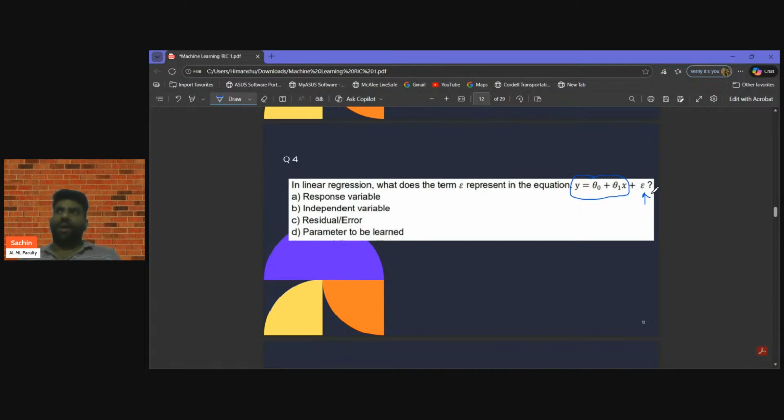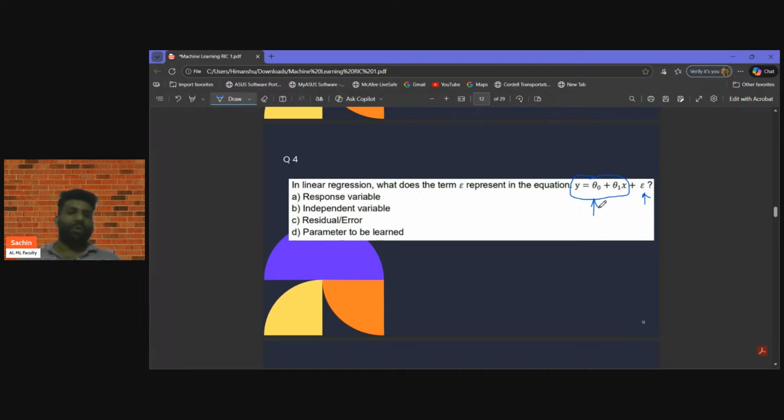If you have already understood the bias variance thing or reducible error, then you understand that this epsilon actually represents irreducible error, because we will never have idealistic data. That means you are telling me that this should be the equation and I'm getting zero error in real life. That would not really be possible. So in that case, we assume an external factor, which is irreducible error, which is random noise for us.